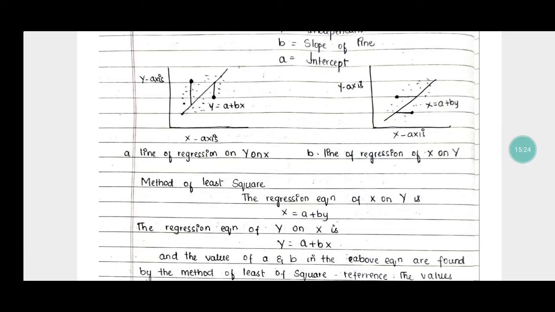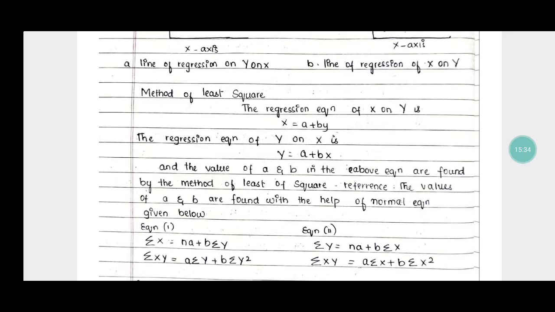So in the method of least squares, the regression equation of x on y is x equals a plus by, and the regression equation of y on x is y equals a plus bx. The values of a and b in the above equations are found by the method of least squares. The values of a and b are found with the help of normal equations.